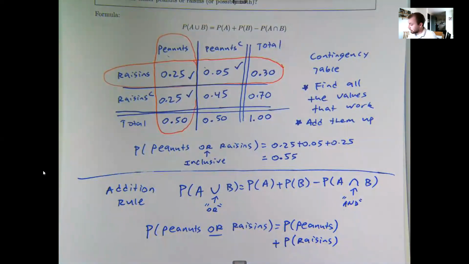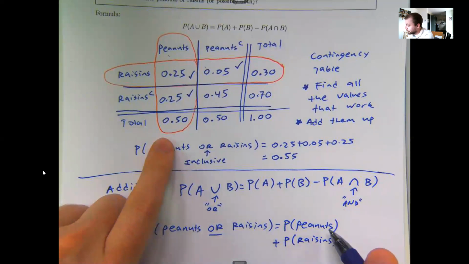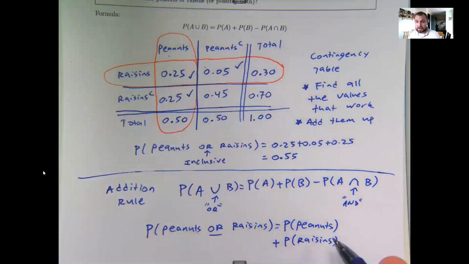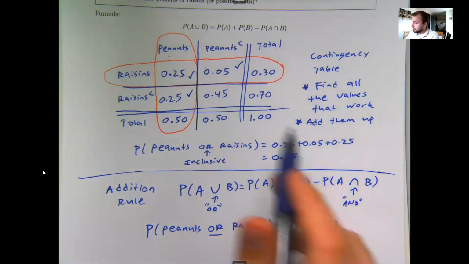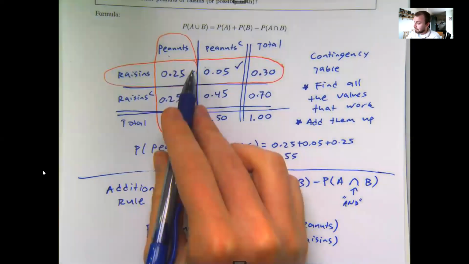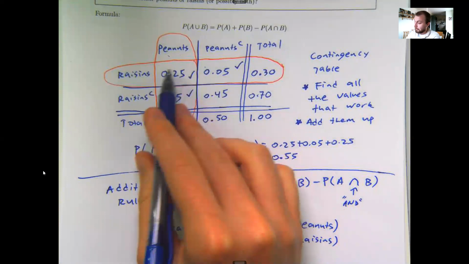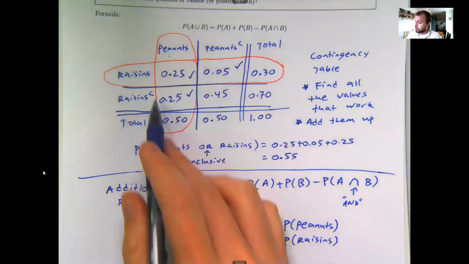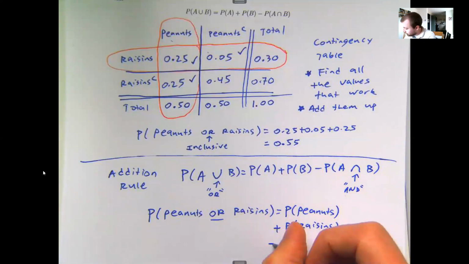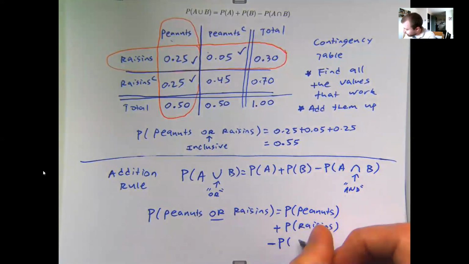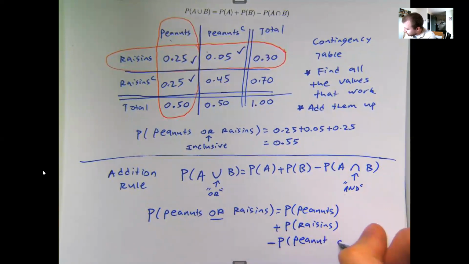And if I add these totals, this is going to be 50% plus 30%. I'm at 80%, and that looks like it's too big. And the reason why it's too big is I'm noticing that I've accidentally counted this thing twice here. It's part of this vertical circle, and it's part of this horizontal circle. So I need to subtract where they overlap. So minus the spot with peanuts and raisins.